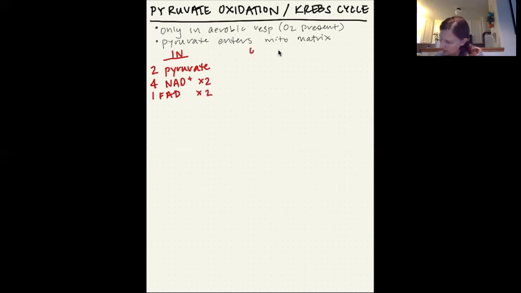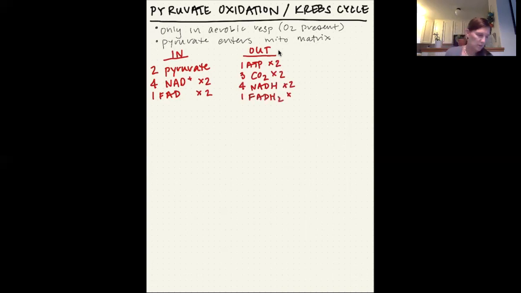The outs are going to be 1 ATP, but we're going to do that twice because we have 2 pyruvates. We're going to get 3 carbon dioxide times 2. We're going to get 4 NADH times 2, and we're going to get 1 FADH2 times 2.